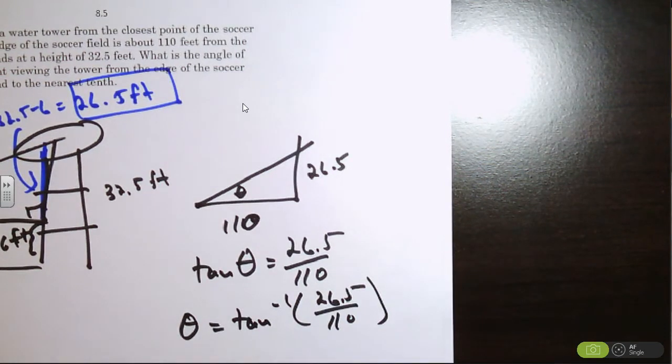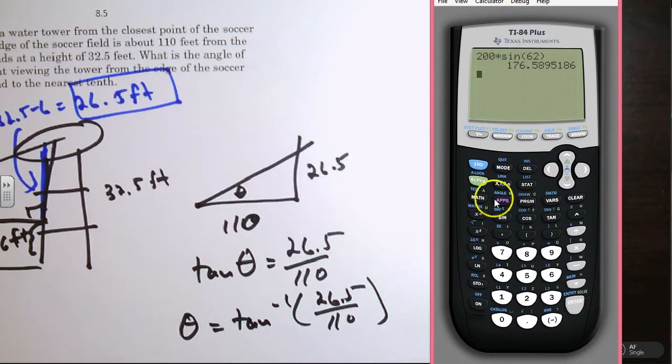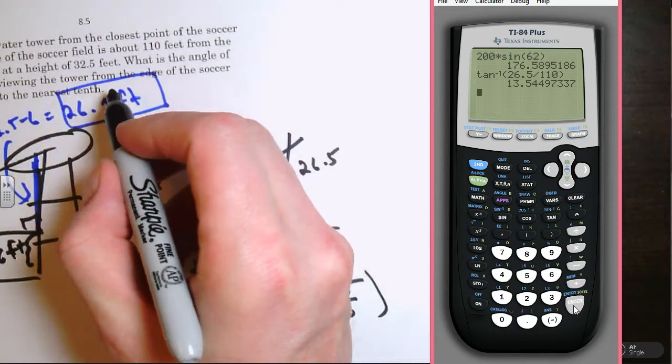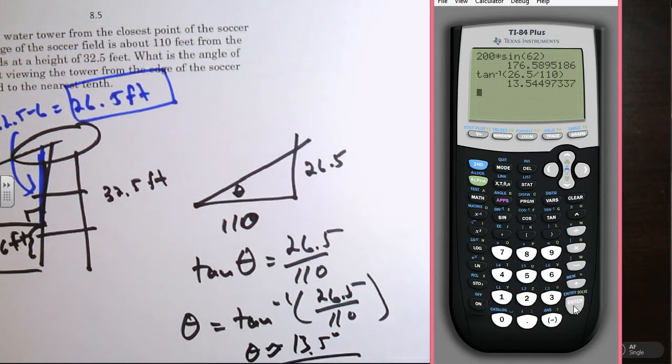So I get the calculator out. Second tangent, because it's inverse tangent, 26.5 divided by 110. And it's 13.5 degrees, because it did say nearest tenth of a degree. Okay, there we go. That's section 8.5.